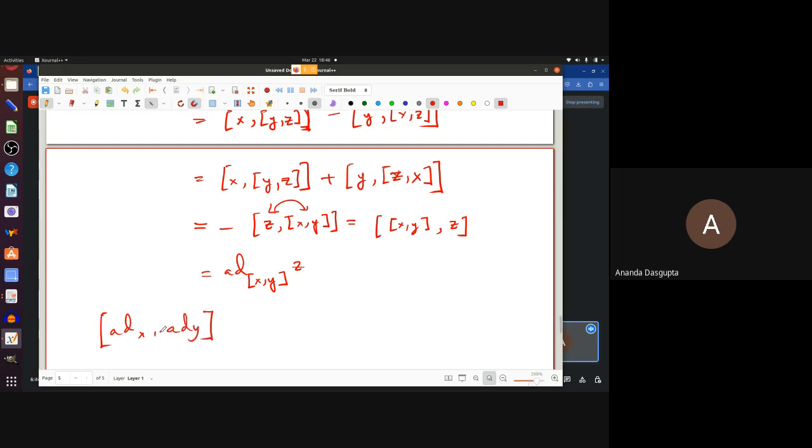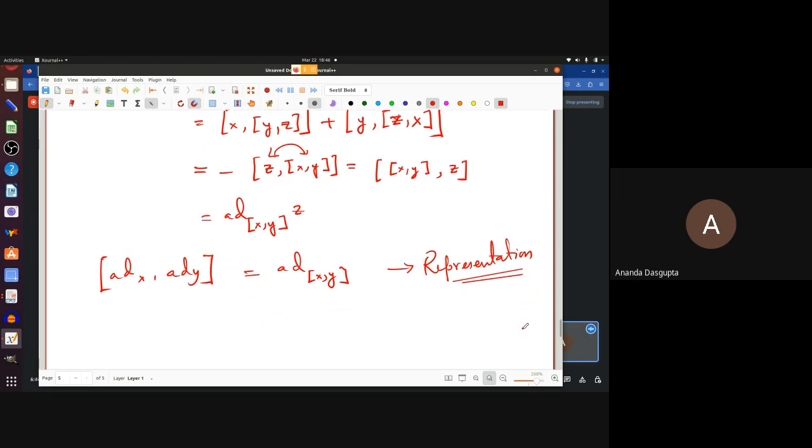This is a genuine commutator bracket of the mapped value that the bracket XY maps to. So this is a representation, a very important representation called the regular representation of a Lie algebra. Every Lie algebra, by virtue of being a vector space, has this representation. Okay?